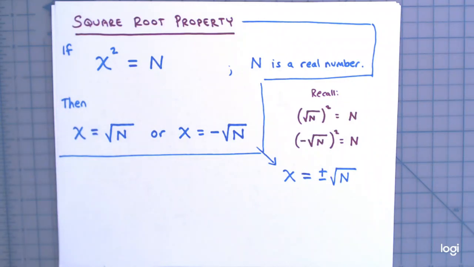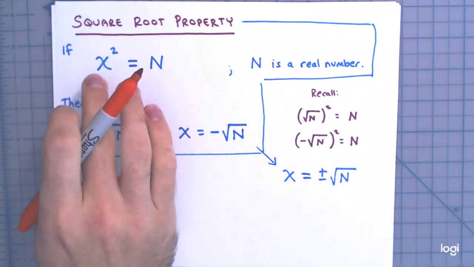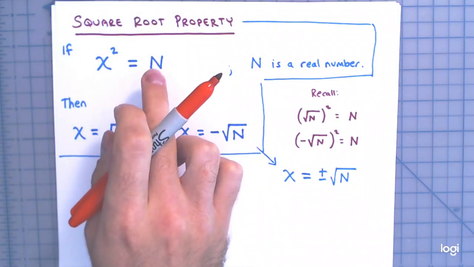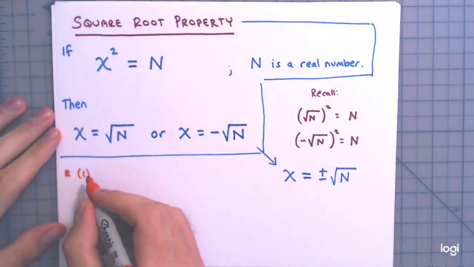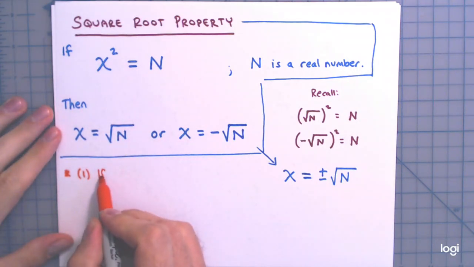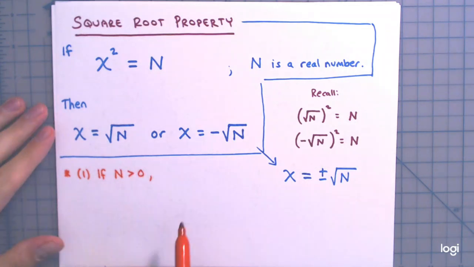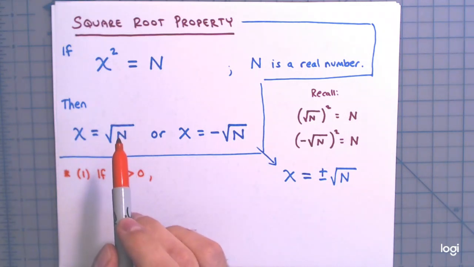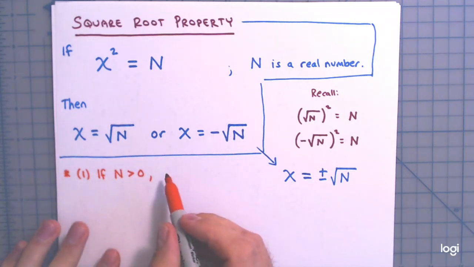All right, and then some things to say about this. I mentioned that we're trying to get our quadratic equations to look like this, where I have a variable expression squared equals some real number, and I mentioned this n was a real number. So, some notes on this. One, if n is a positive number, then the square root of n and negative square root of n are real numbers.